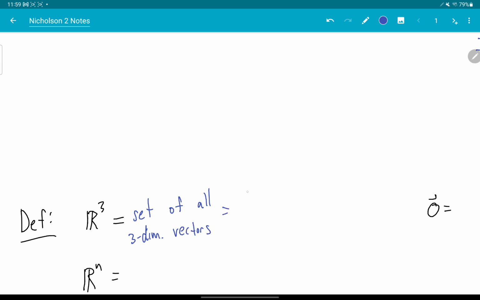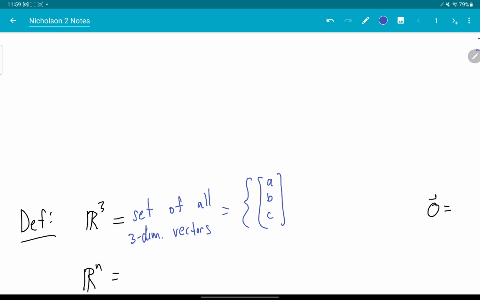Okay, more formally, we'll use a brace to indicate that we're talking about a set here. And then we'll tell you what the elements in the set look like. Well, these are 3-dimensional vectors.